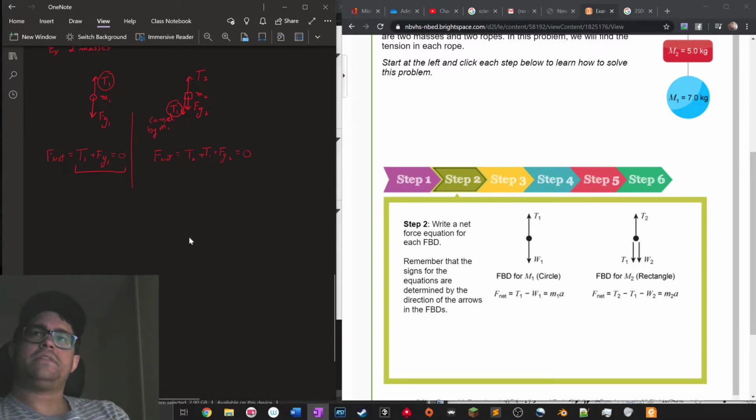So from this idea, we get a statement that T1 is equal to minus FG1. Nice, because we know exactly what this is. And from this idea, we get this statement.